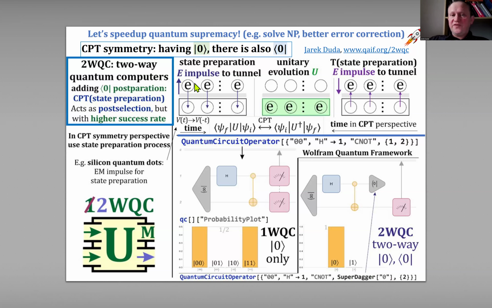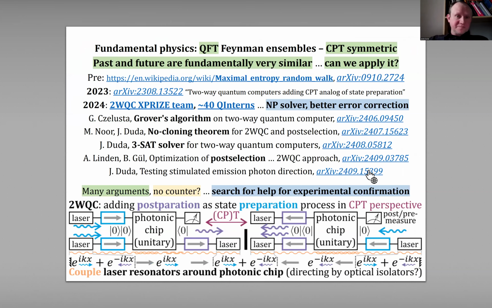It sounds trivial to reverse the state preparation process. This is one example that, having a process allowing for state preparation, it is relatively easy to get a process which in CPT perspective is the state preparation process. So we should have both state preparation and state post-preparation.